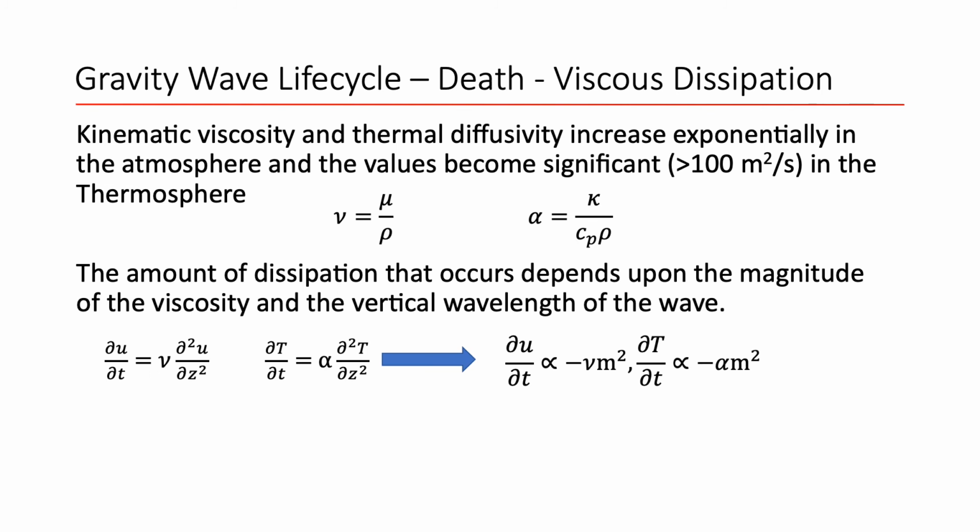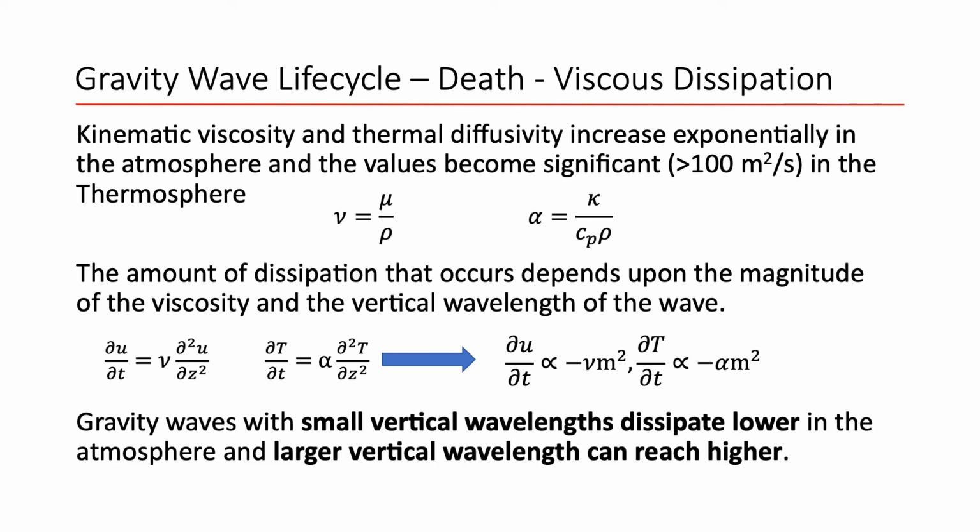So the amount of dissipation that occurs for a given gravity wave is dependent upon two factors. Firstly, the magnitude of the local viscosity, and secondly, the vertical wavelength of the wave. So you can see from the diffusion and heat equations here that they're proportional to the second derivative in z, which brings out this m squared term, which is the vertical wave number.